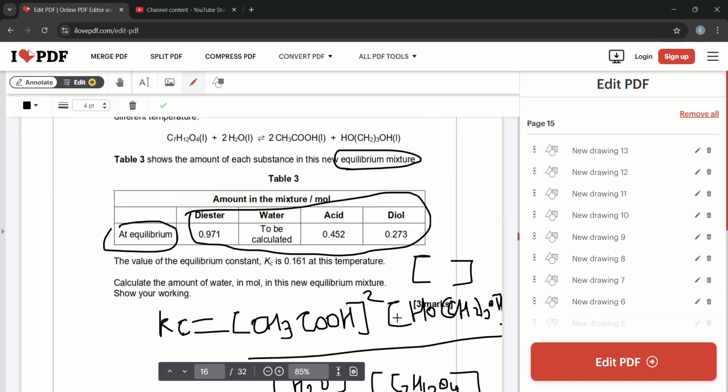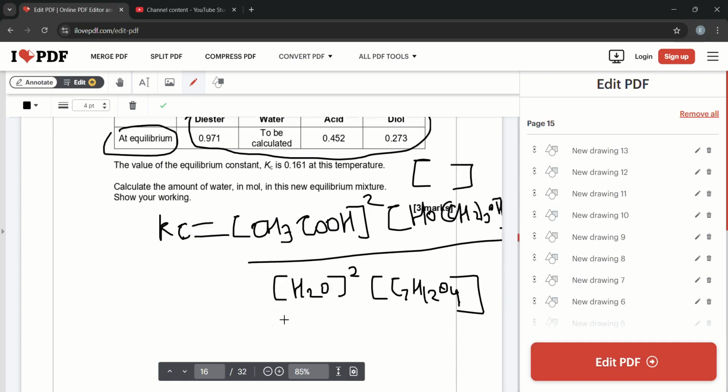Now what we want to find is the amount of water, so the equilibrium moles of H2O.